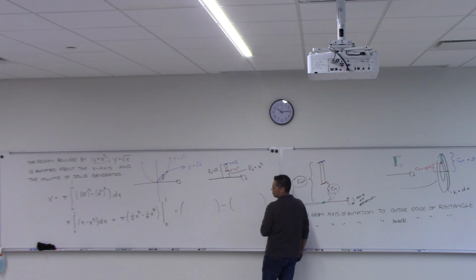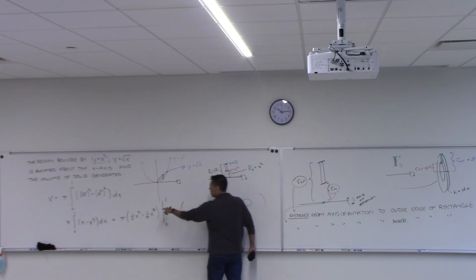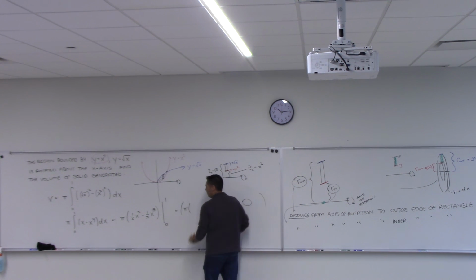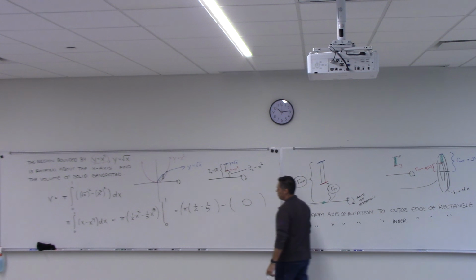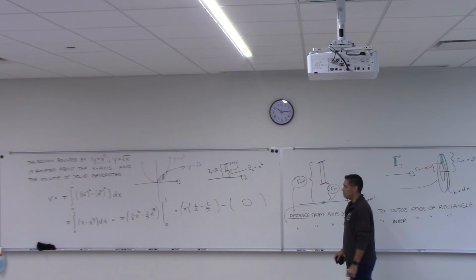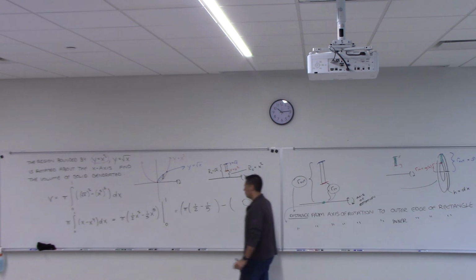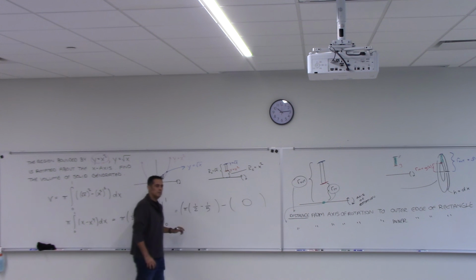Wait, when you plug in 0, it's just 0, isn't it? Yeah. It just kills everything off, so that doesn't really matter. Over here, though, you get pi. If I plug in 1 here and 1 here, I should just get 1/2 minus 1/5. That's 3/10. 3/10 pi.